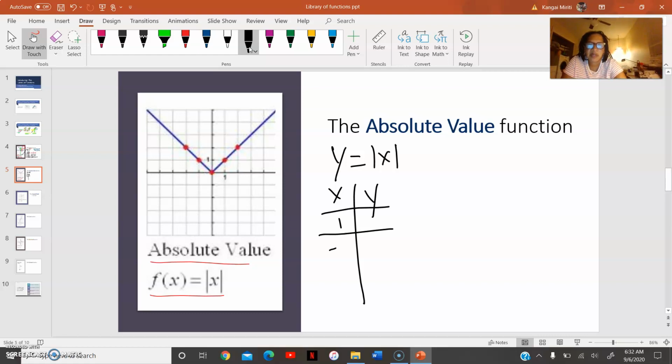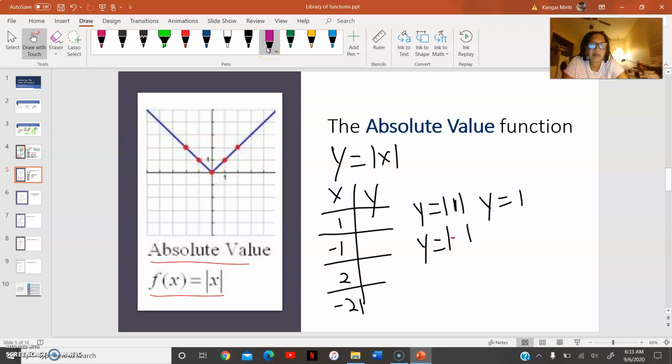So let's just put in some values here, like -2, and let's see what happens. Well, y equals the absolute value of -1 would be y equal to 1 because the absolute value is always positive. Y equals the absolute value of -1 also equals 1.